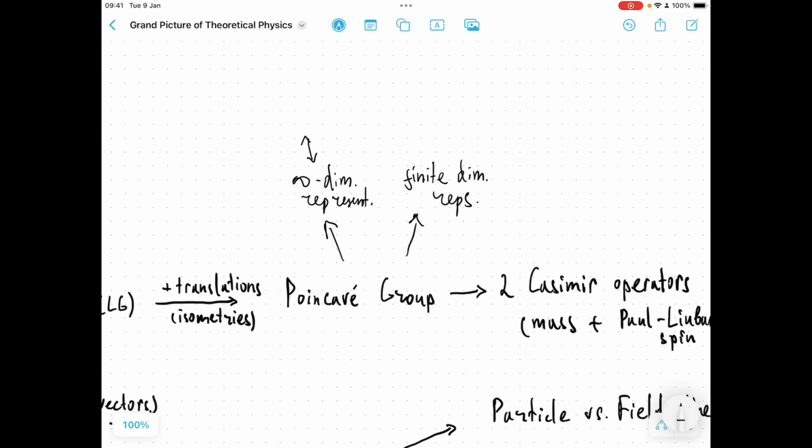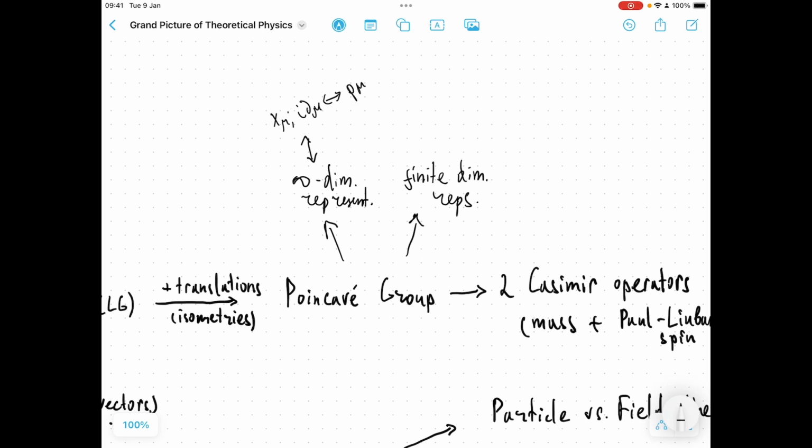The infinite dimensional ones correspond to basically mixing up the coordinates, x mu, where mu is an index from 0 to 3 or from 1 to 4, like 4-vectors, and they will act as derivatives, something like d mu, or maybe i d mu, which corresponds to the momentum p mu.